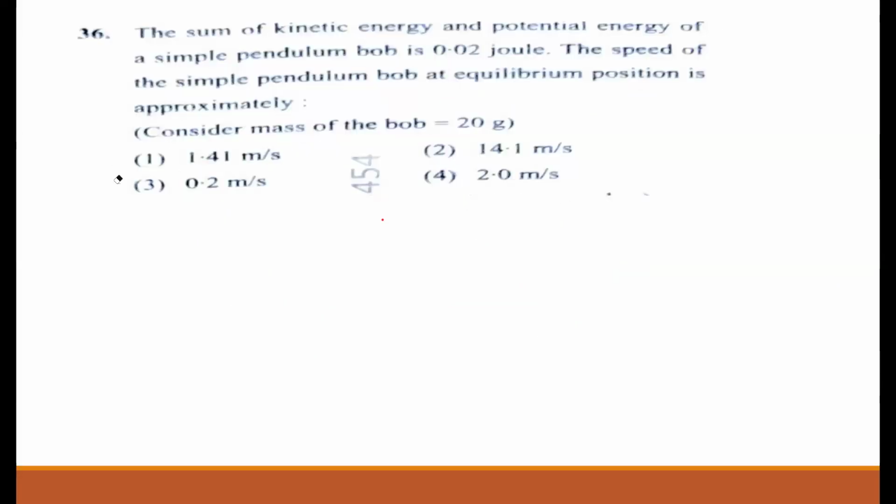Now, coming to question number 36, the sum of the kinetic energy and potential energy is given as 0.02 joules. So what is the speed of the simple pendulum bob approximately? Here they gave total energy as 0.02 joules. That is nothing but equal to half m omega square a square.